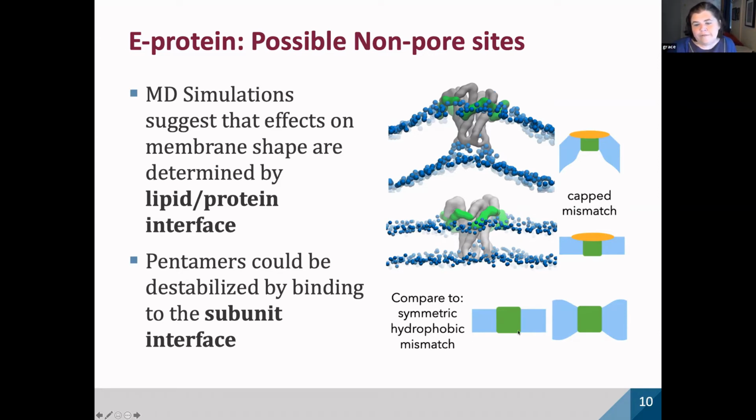As a reference, the normal mechanism we would expect here is symmetric hydrophobic mismatch. In the ideal case, the protein, represented by the green blob here, matches the membrane. If it's too short, you get this kind of bow tie look to the membrane.